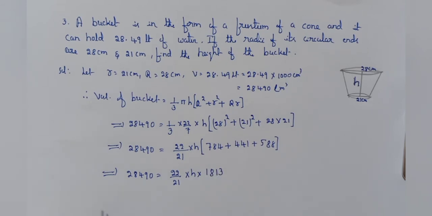Next, take the cross multiplication. h is equal to 28,490 into 21 by 22 into 1813.